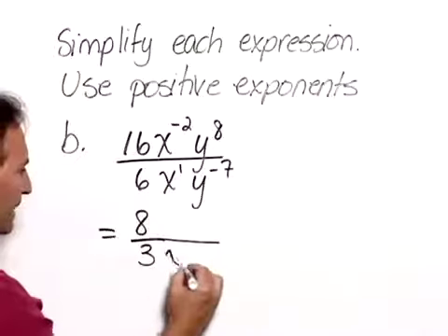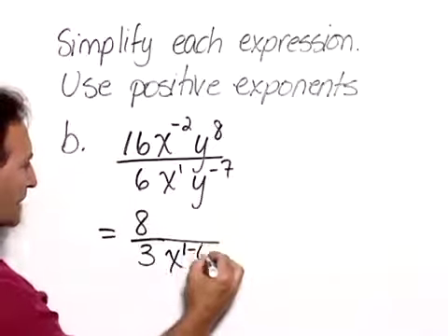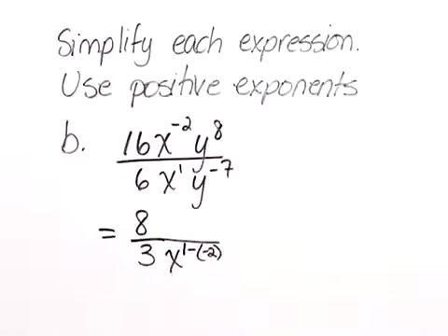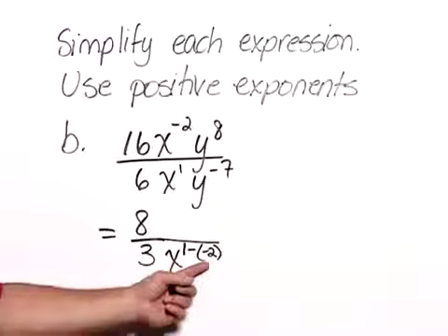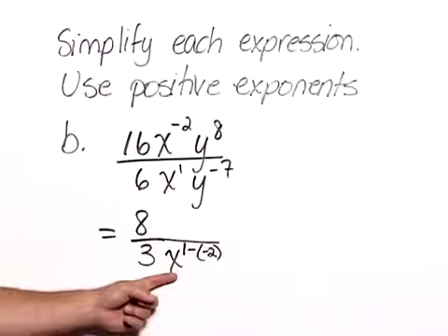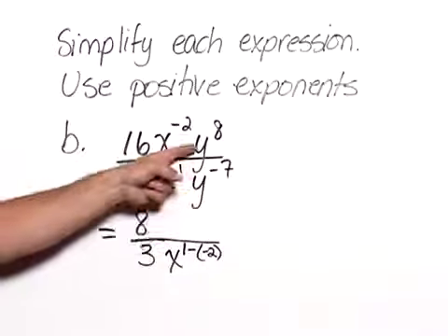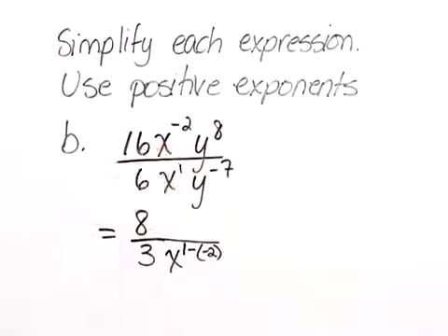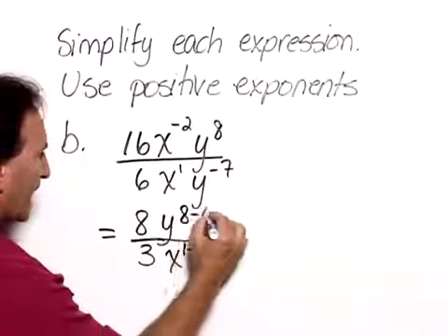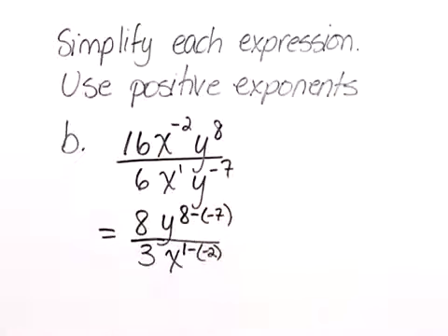So this becomes x to the 1 minus a negative 2. That will eventually create a positive power for x. Now the y's, I will keep in the numerator because I'm going to subtract the powers of 8 minus a negative 7.